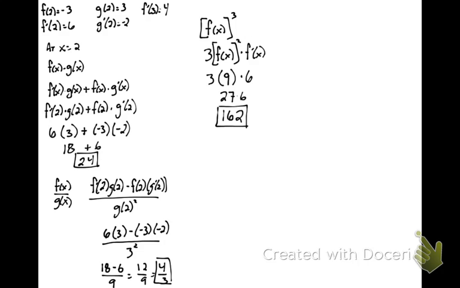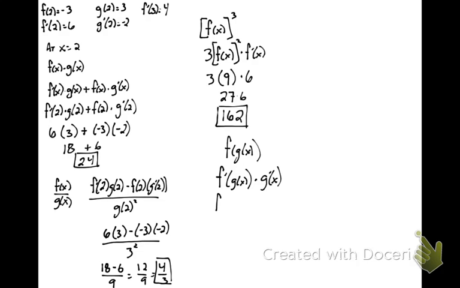Finally, we've got f of g of x. And the function notation is odd here, but we need to take the derivative of the whole thing, so that would be f prime of g of x times the derivative of the inside, g prime of x.